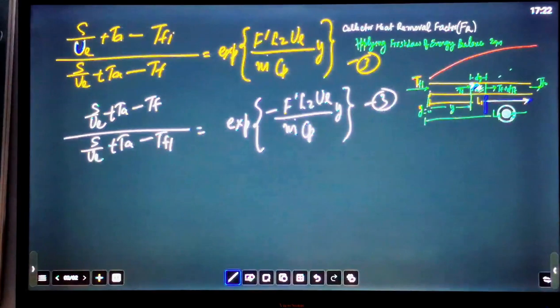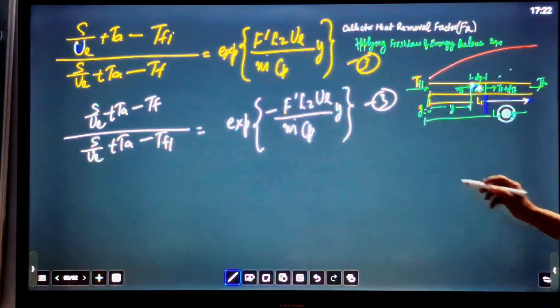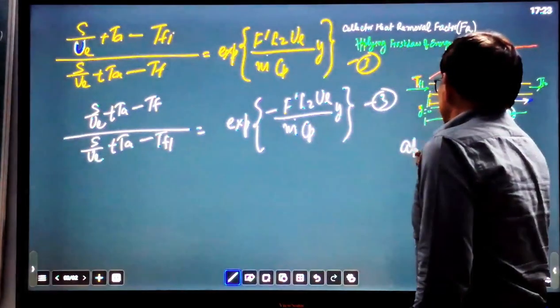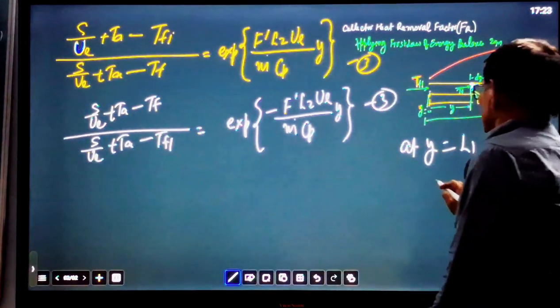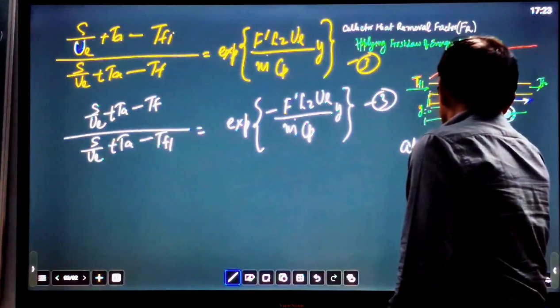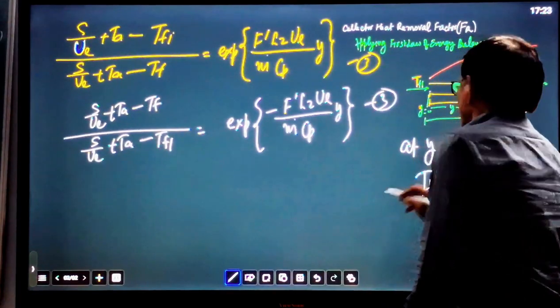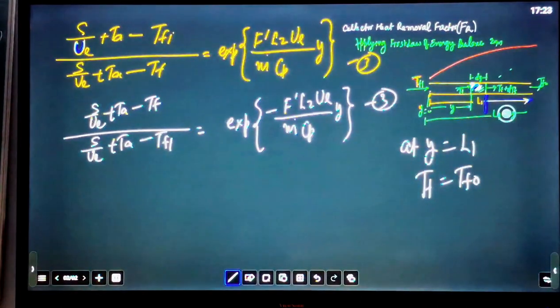Now putting another boundary condition at y equal to L1, TF now becomes TFO, the fluid outlet temperature from the tube.